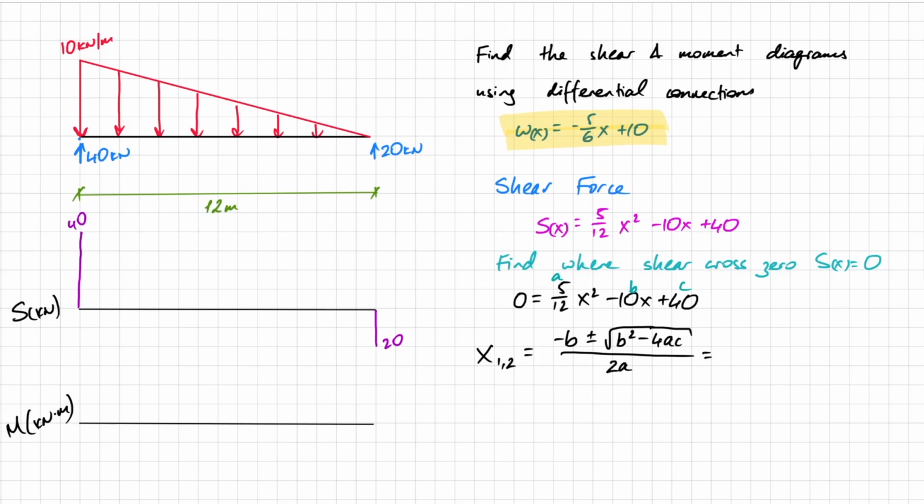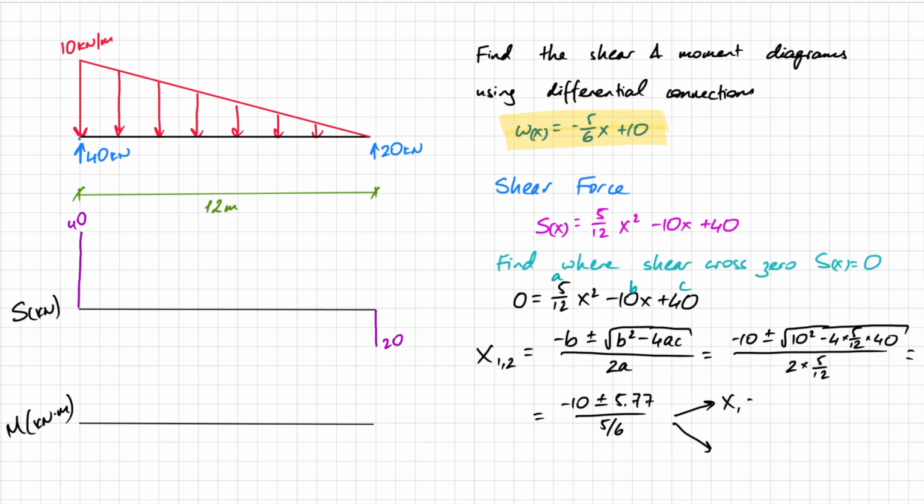So in our case, that gives me minus 10 plus minus a square root of 10 squared minus 4 times 5 over 12 times 40, divided by 2 times 5 over 12. And if I solve that, I get minus 10 plus minus, that square root works out as 5.77, divided by 5 over 6.